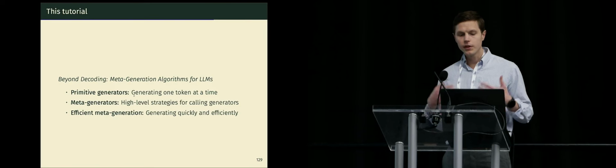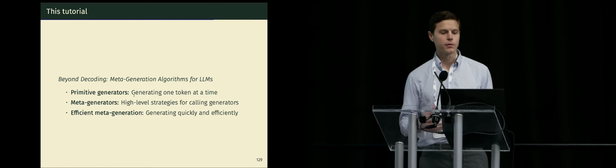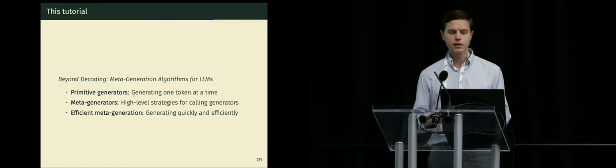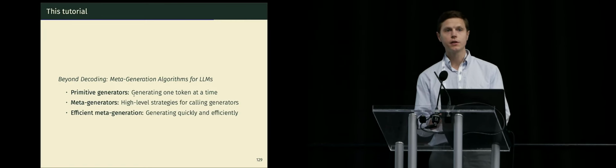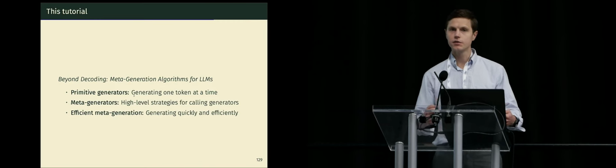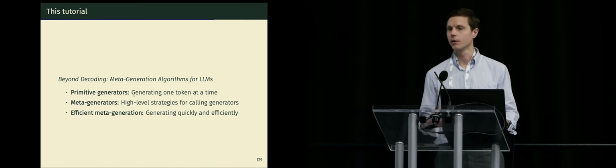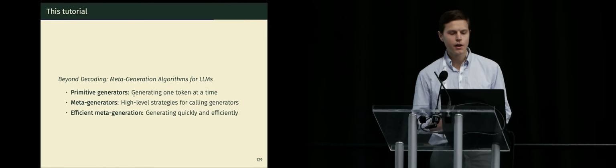So the tutorial was on these algorithms called meta-generation algorithms. We started out by looking at how you generate one token at a time, to do something like implement the LLM APIs or LLM inference libraries that you might be familiar with.